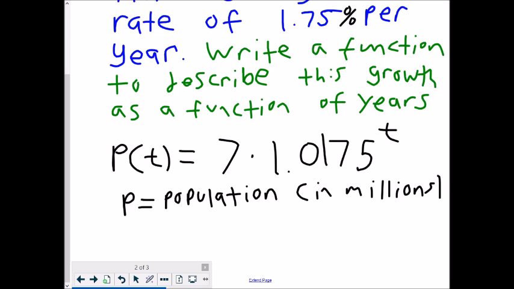If you would have just put P of t equals 7 times 1.0175 to the t power, that'd be wrong.